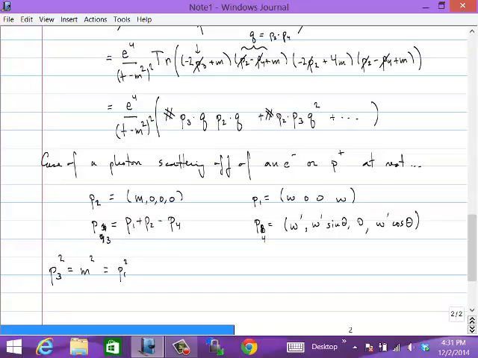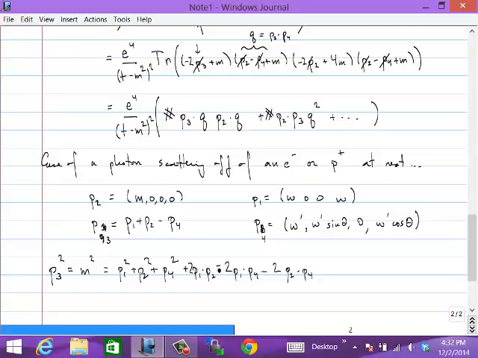That's P1 squared plus P2 squared plus P4 squared plus 2 P1 dot P2 minus 2 P1 dot P4 minus 2 P2 dot P4.